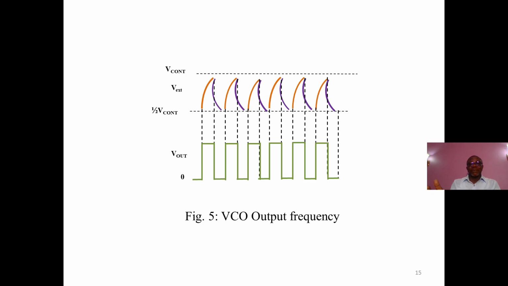When it gets to that place, then the output continues to decrease, and that gives you the trailing edge of the pulse. So it continues like that to give you a rectangular pulse depending on the value of the control voltage you are using. That will give you the duration tau of the pulse you are getting.